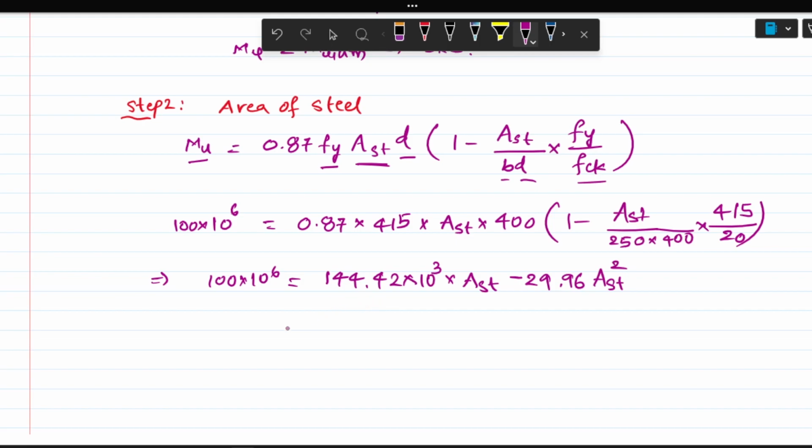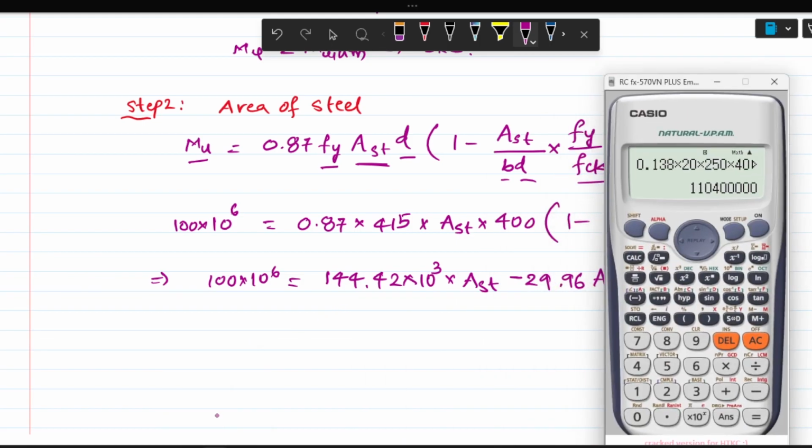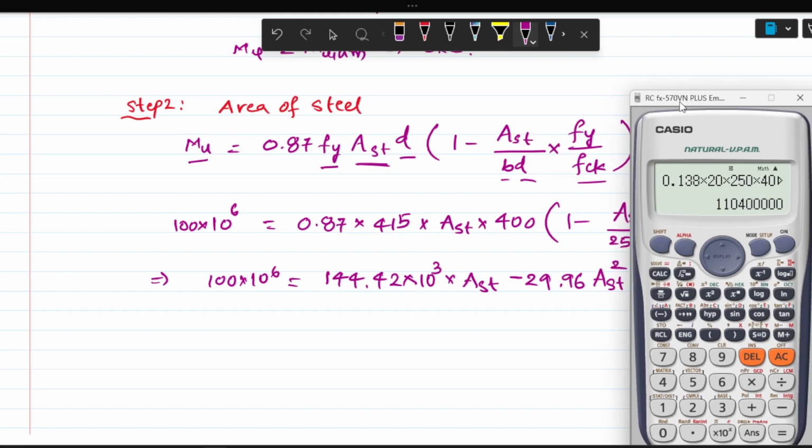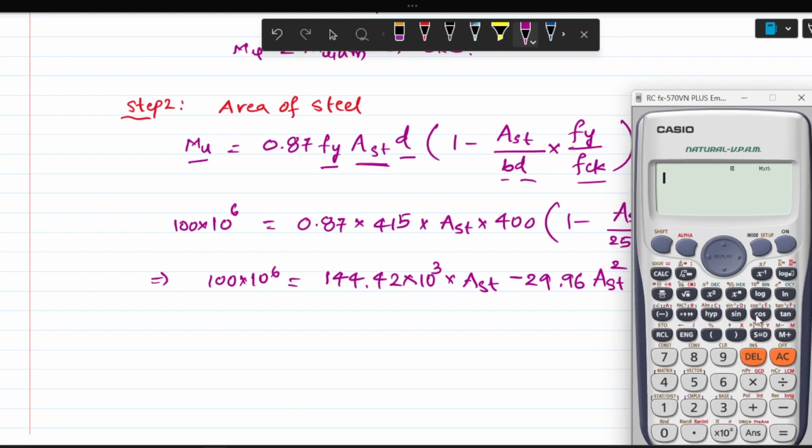Now let us solve this quadratic equation using calci. Hundred into 10 to the power 6, here you have to give exact equation in the calci, is equal to 144.42 into 10 to the power 3 into, I have to give this AST as unknown, that is nothing but x.